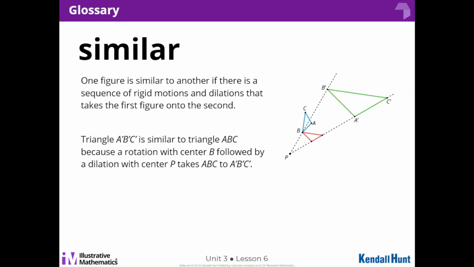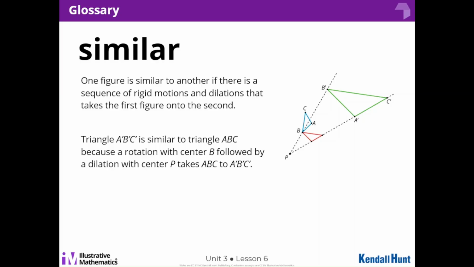One figure is similar to another if there is a sequence of rigid motions and dilations that takes the first figure on to the second.